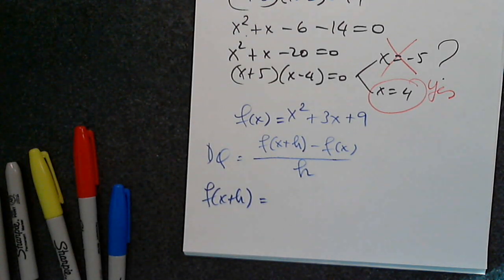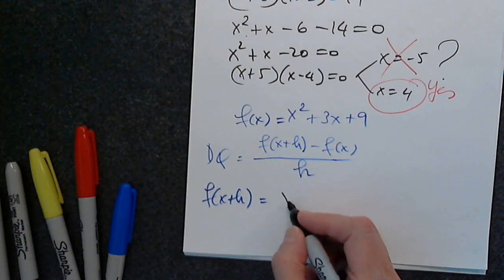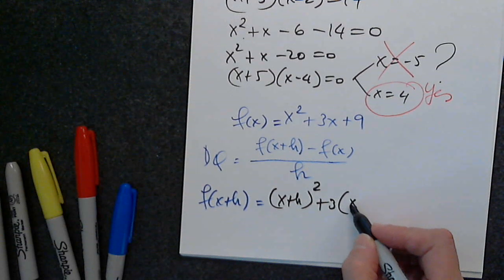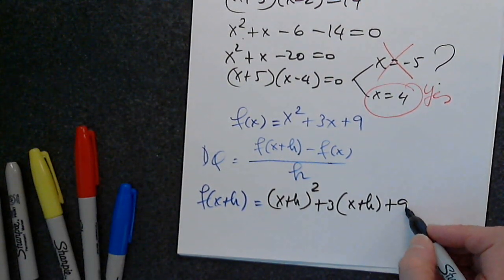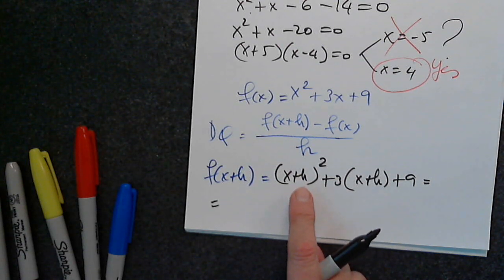X squared plus 3x plus 9. Exactly. The function says blah squared plus 3 times blah plus 9. And now I know what blah is, and I'm waiting for you to tell me what to write. Very good. Plus 3 times x plus h, plus 9. That's it.